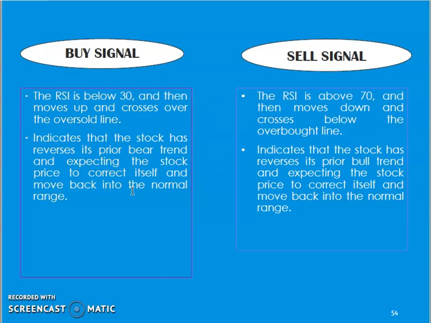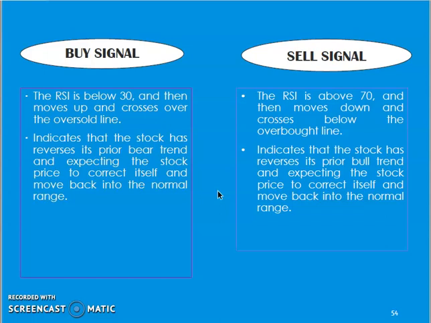The buying signal for RSI happens when the RSI is below 30, the oversold line, and then moves up and crosses above the oversold line. That indicates that the stock has reversed its prior bear trend, and we expect the stock price to correct itself and move back into a normal range. The second one is a selling signal.